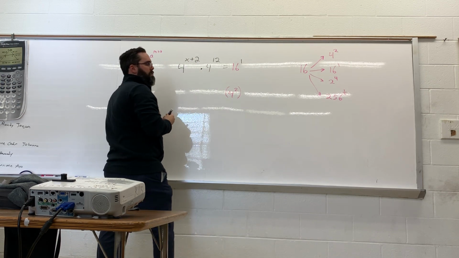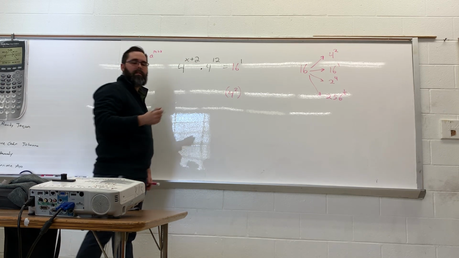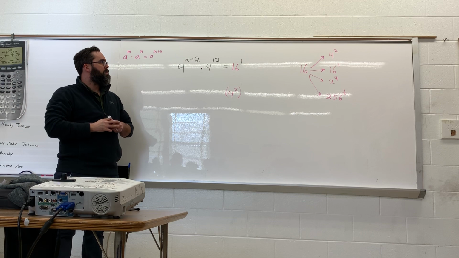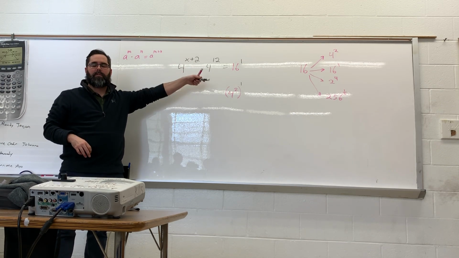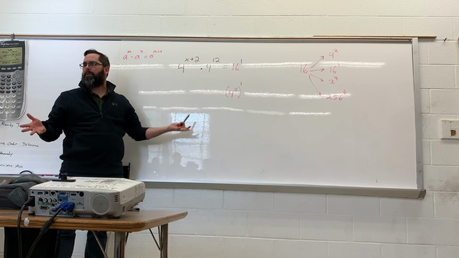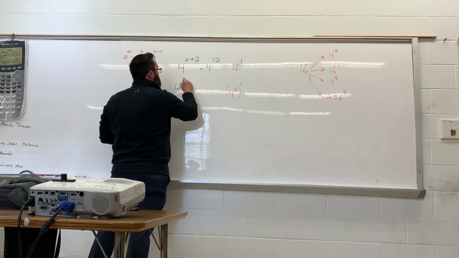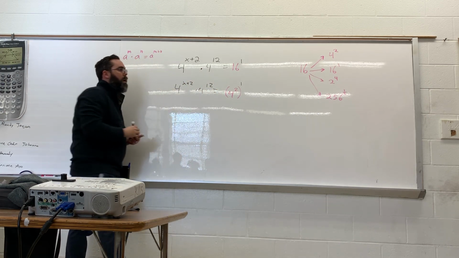It's power of a power. So you see how I replaced the 16 with 4 squared? And what is 4 squared to the first power? Just 4 squared, right? Okay. The rest of the equation stays the same. And we solve from here.